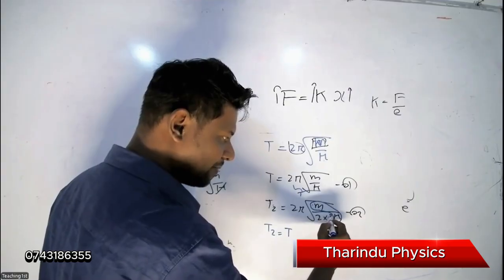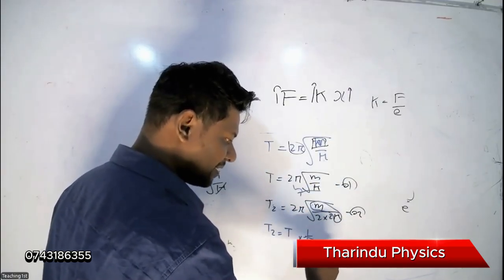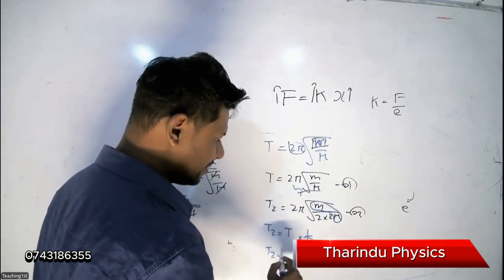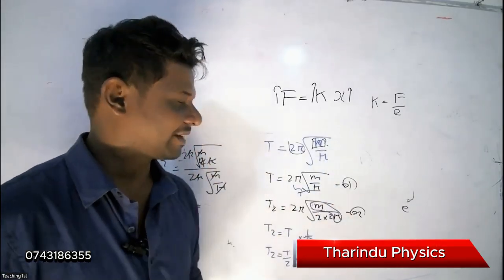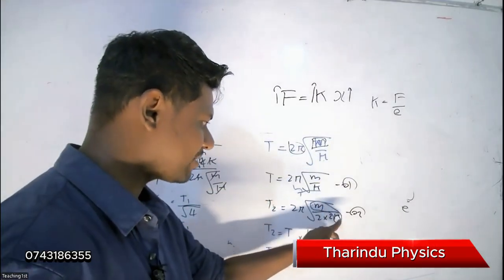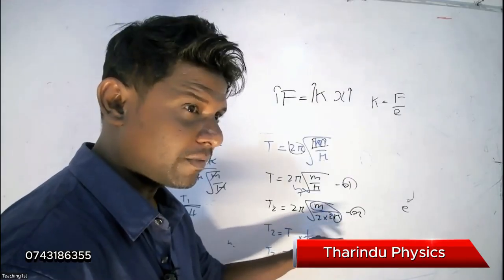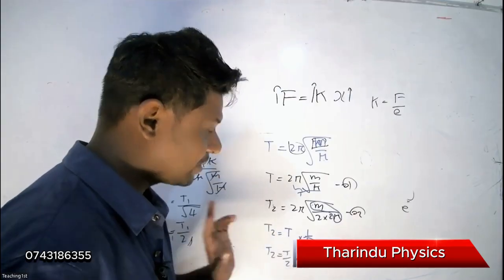Square root of 2 by square root of 2... if you're still uncertain, you can write it like this. That becomes 2. So generally, T2 is equal to T over 2. The general method is like this. You should work very fast. You should see m over k is common here. The only additional thing I included is 2 times 2, that means 4, square root of 4 is 2. The answer will be T over 2.